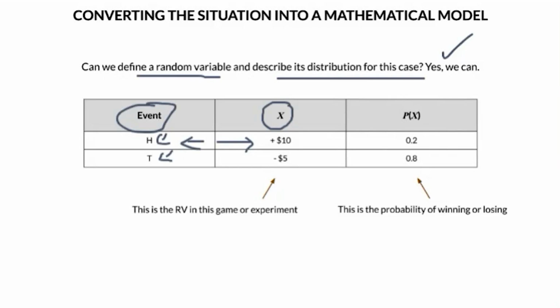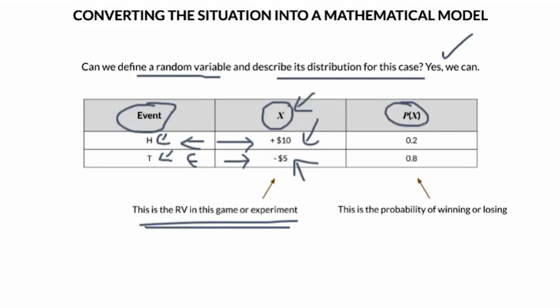So that's plus $10. If you get a tail, you will lose $5. So this is minus $5. This is the random variable in this game or experiment: the amount of money going to the user or the player. So in the head case, the player gets $10. In the tails case, you will lose $5. So this is our random variable x.